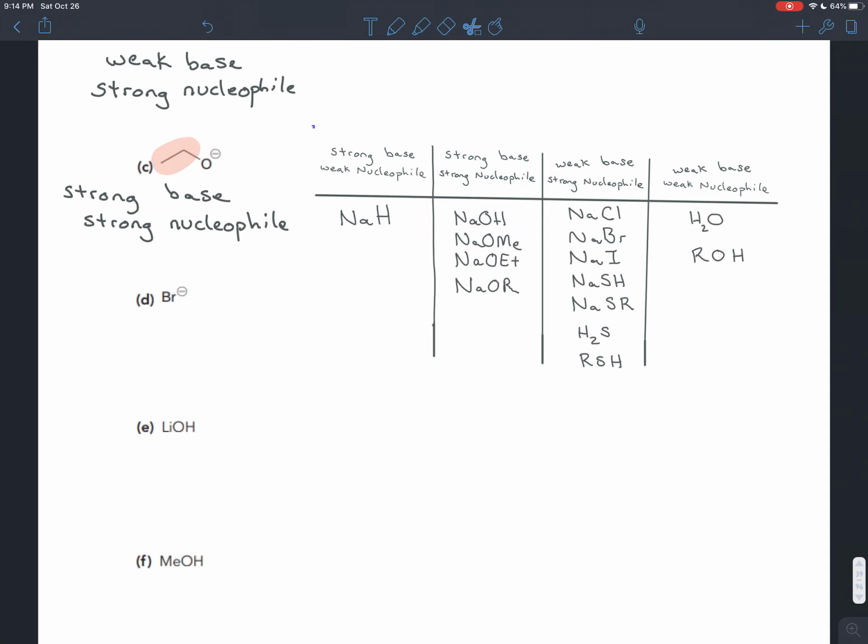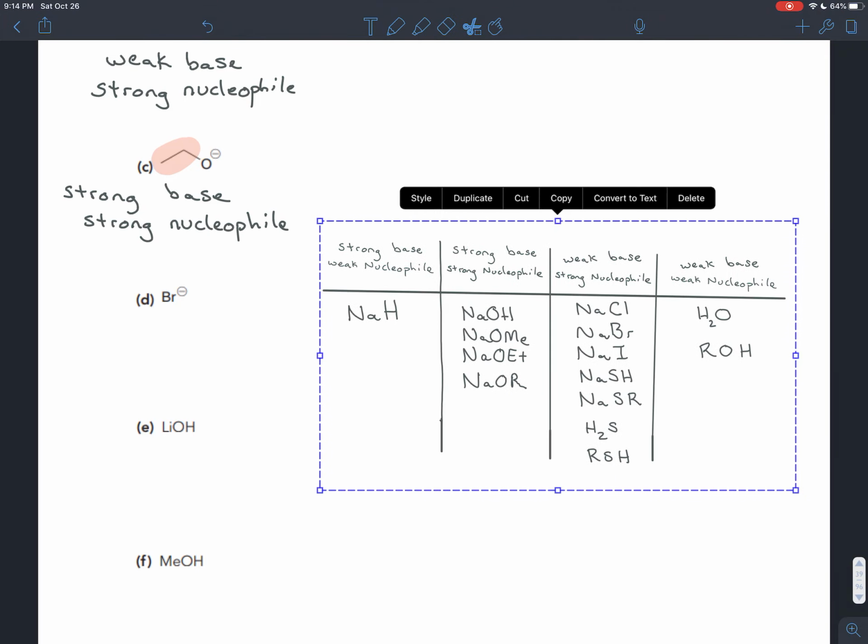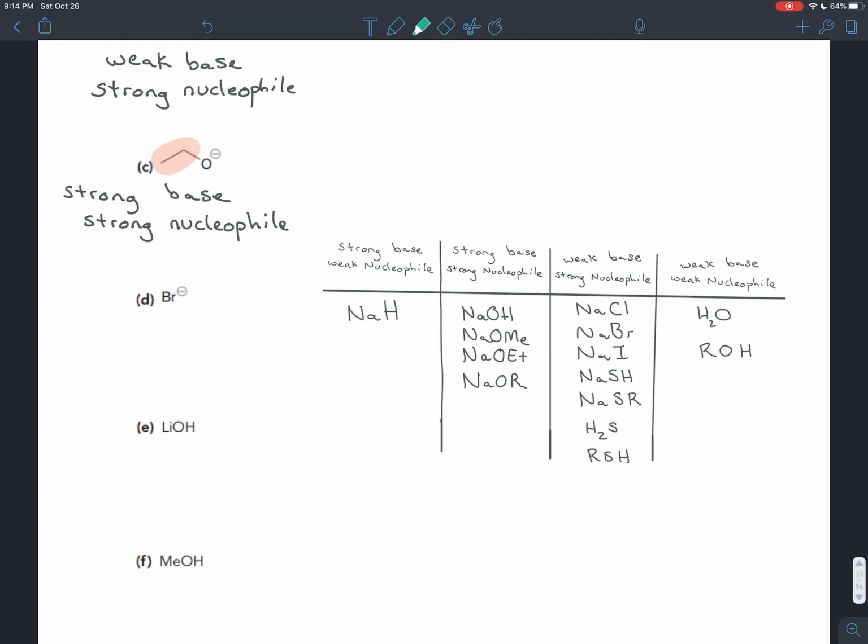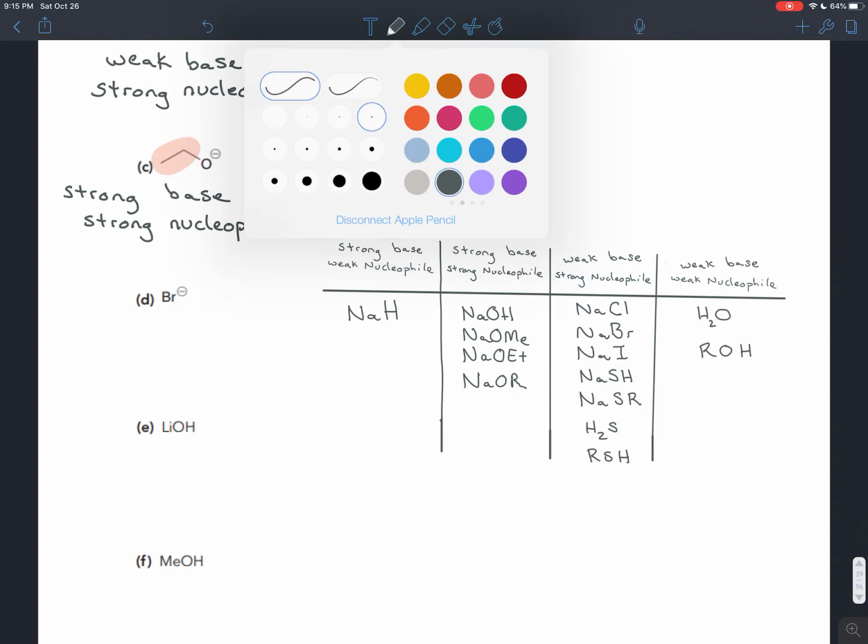In this next one, we have a bromide ion, and bromide, like all the halogens, is a weak base and a strong nucleophile. And as we talked about in the previous video, all these sodiums are just counterions so that the reagent doesn't explode when you handle it in the laboratory. They're there to stabilize it.